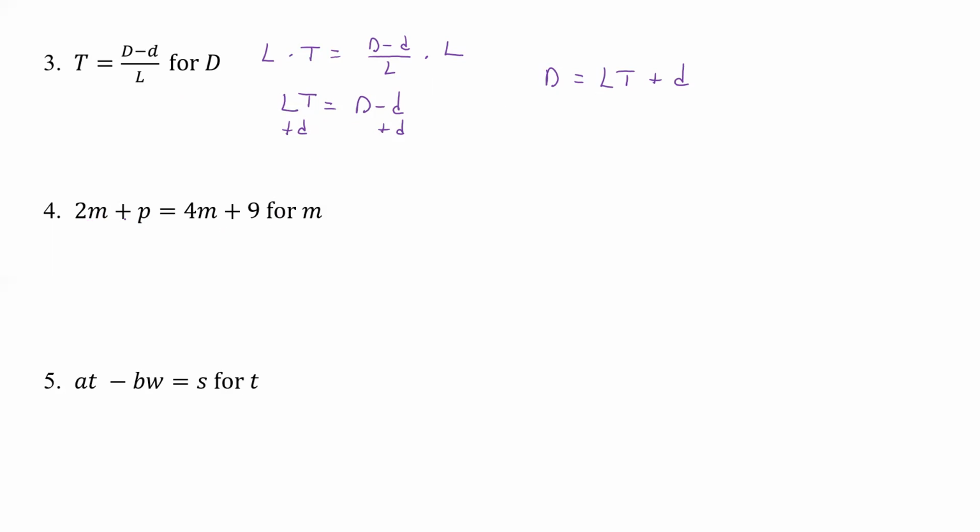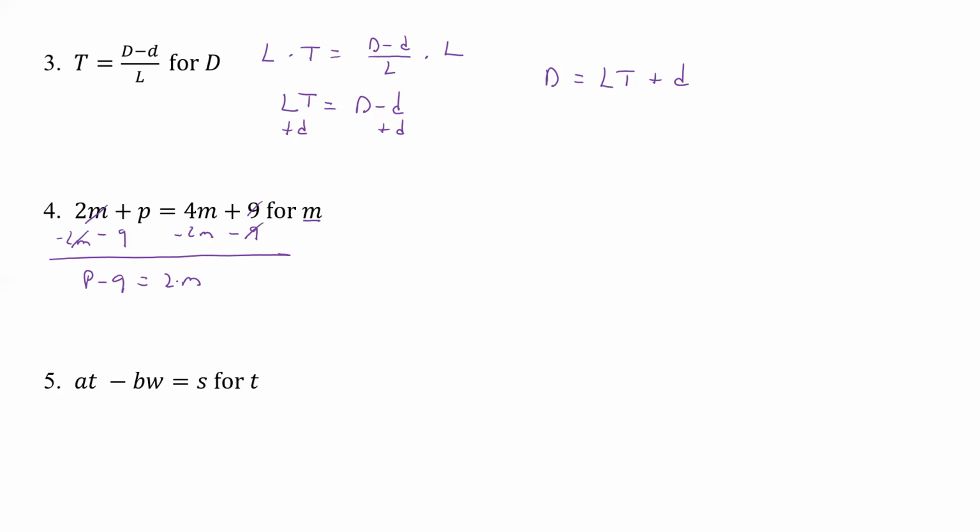Now I've got 2m plus p equals 4m plus 9, and I want to solve for m. Let's start from this equation here. Let's subtract 9 and subtract 9. Let's also subtract 2m. And so now those cancel, and on this side we have p minus 9 equals 4m minus 2m is 2m.